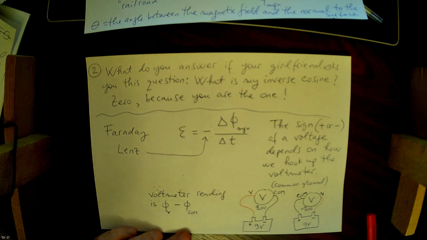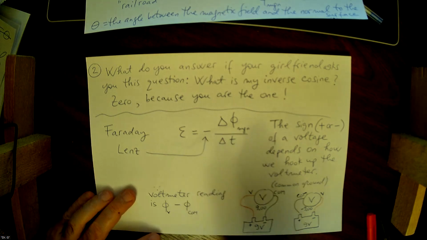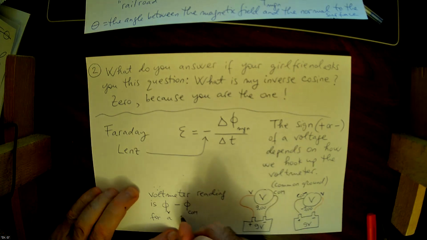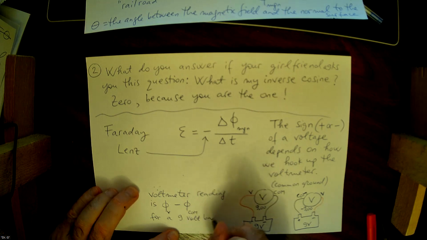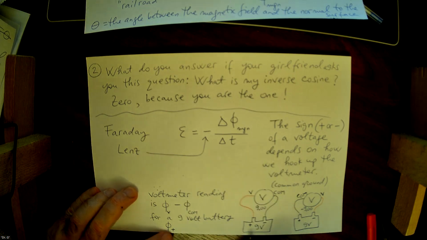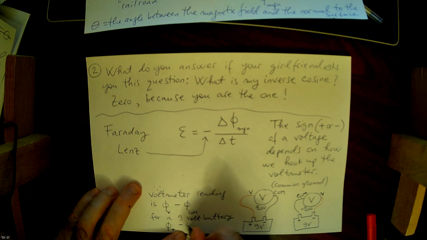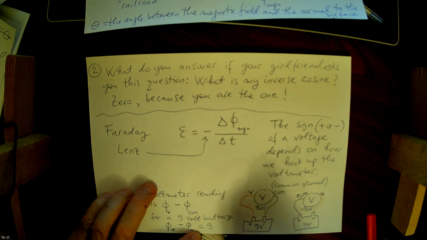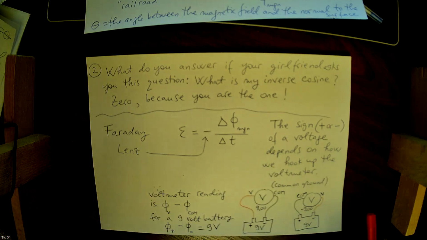And for a battery, for a 9-volt battery, the electric potential at the plus side minus the electric potential at the minus side, that is 9 volts.